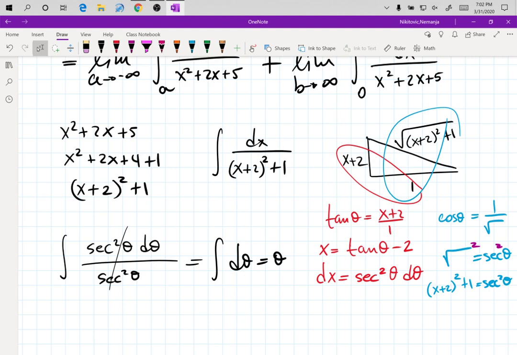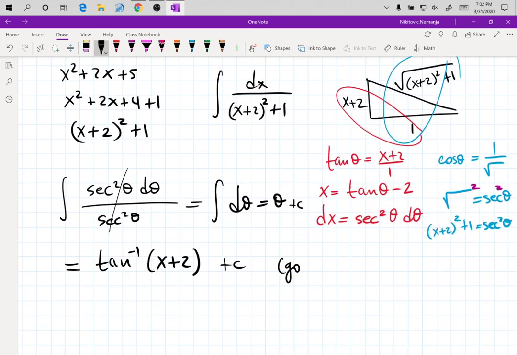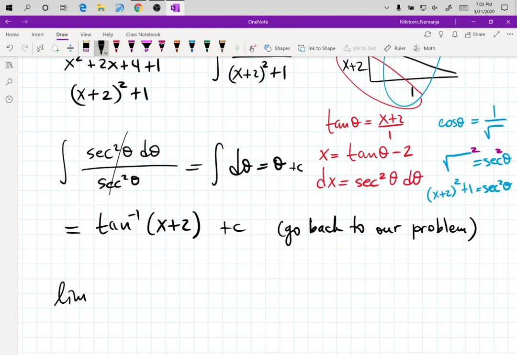So we just need what theta is equal to, and theta is equal to inverse tangent of x plus 2, as I promised, right? You can put plus c so our allergies are not kicking in, right? Now go back to our problem. So you work this out in the margin of the book, and we go back now to our problem up there where we have the limit.